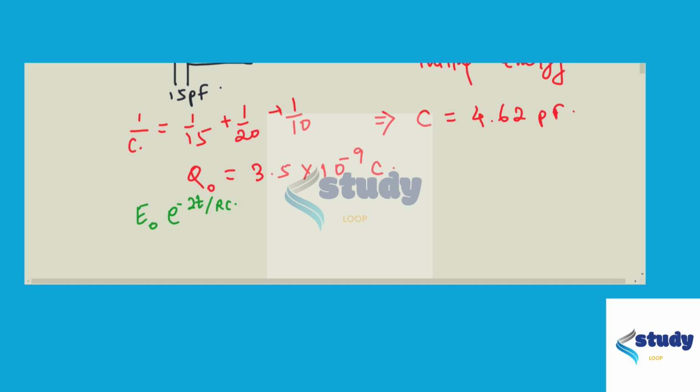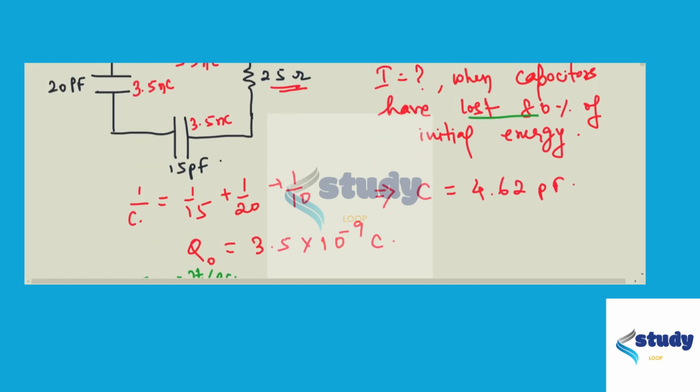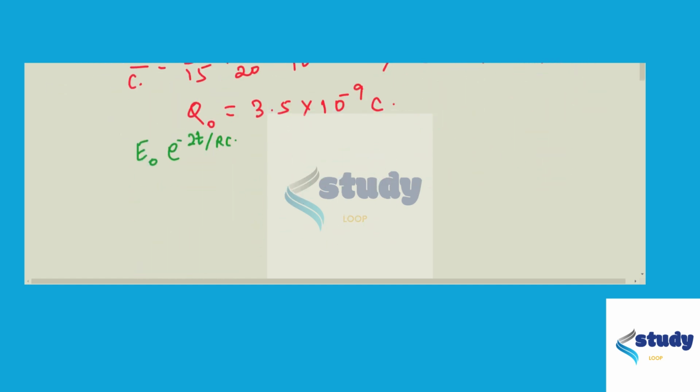We have 80% of this energy lost, which means only 20% is remaining. So we need to take 0.2 times the initial energy. Initial energy is the maximum energy. So this should be equated to the energy we have at this time t, E naught e to the power minus 2t by RC.